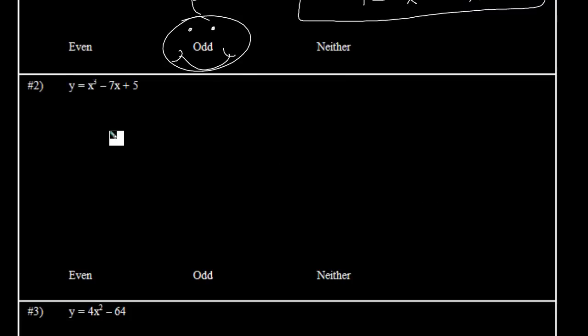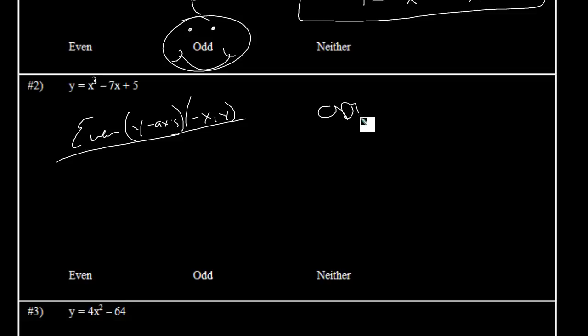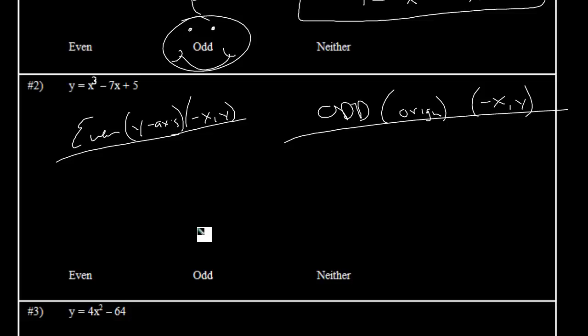Number 2, if you can't read it very well, I know I can't, this is supposed to be a 3, x to the 3rd. Is it even or is it odd? Even is the y-axis, which you switch x and leave y the same. Odd is the origin, x and y change sign.